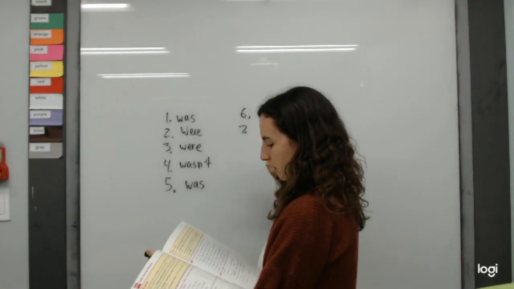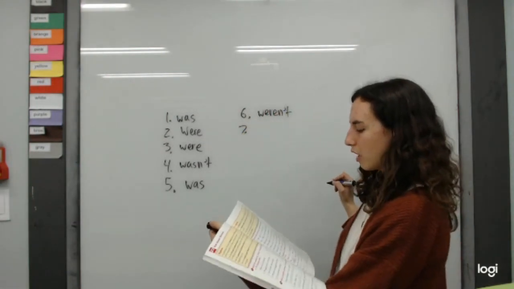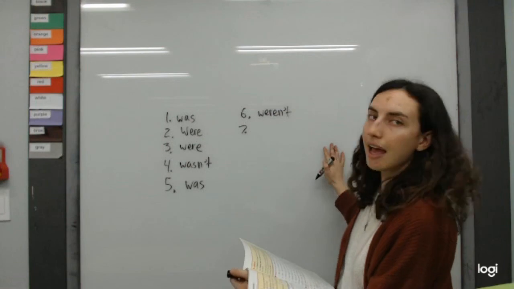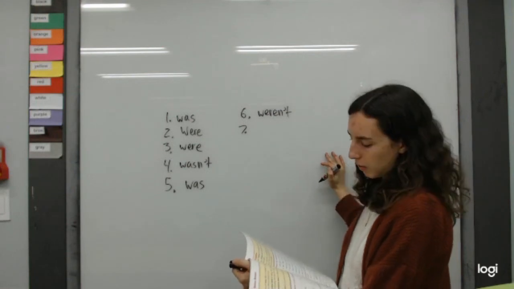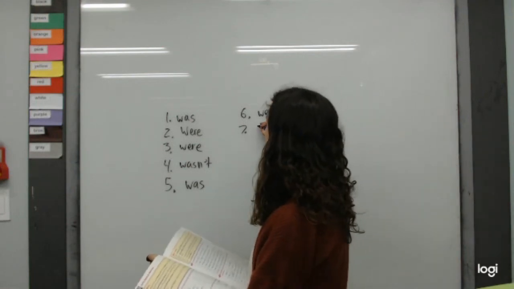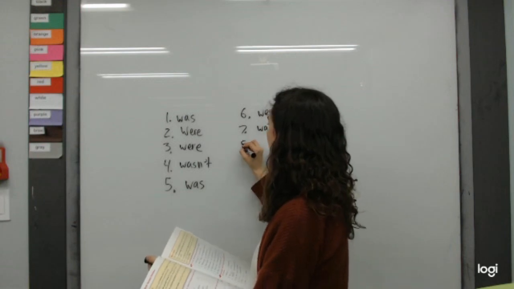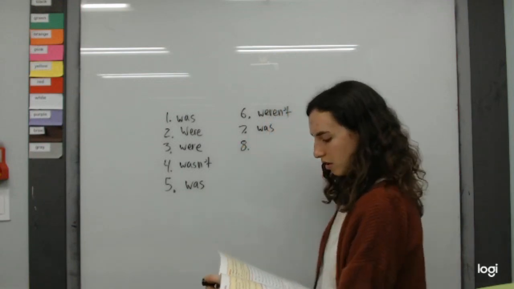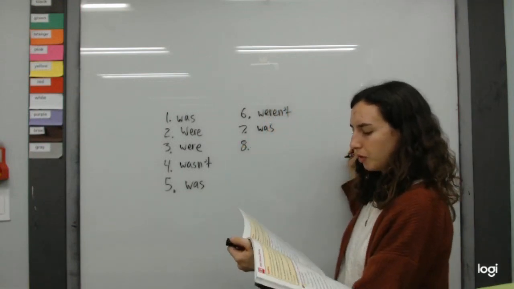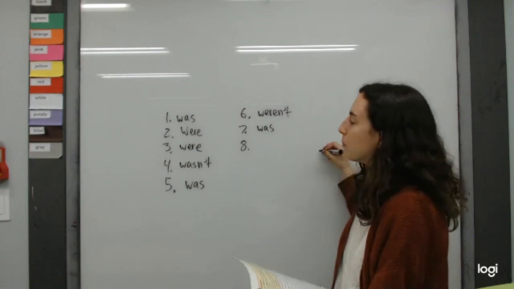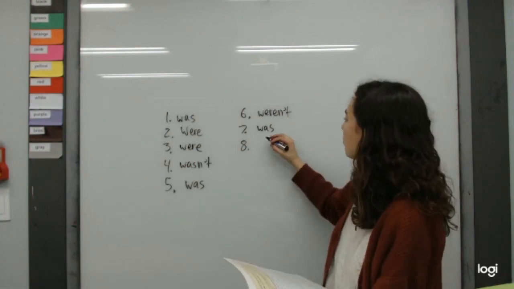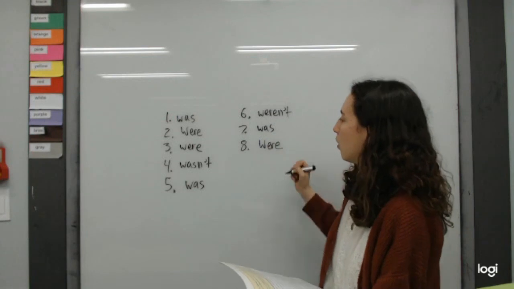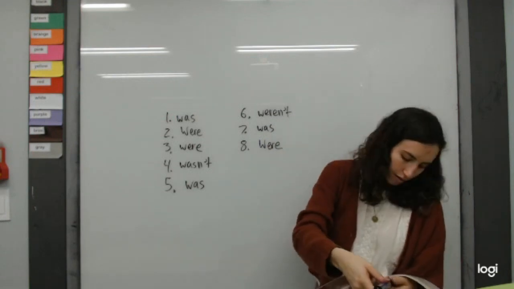Number 7, there a great film on TV last night. So last night is past, one film, so we can say was. Number 8, you born in London. Born is past, and for you, past, we say were. Okay? Finished?